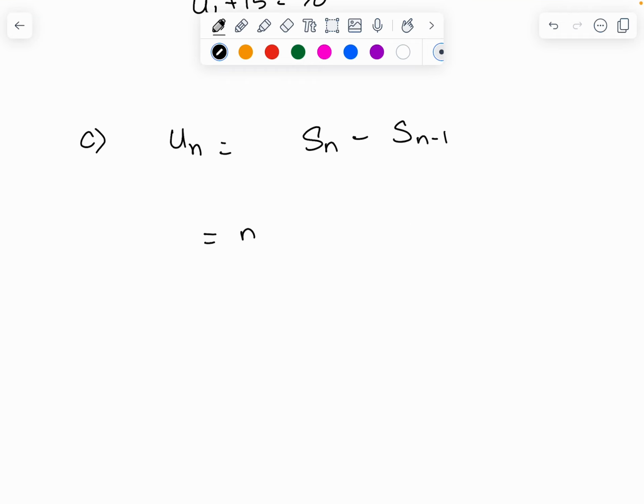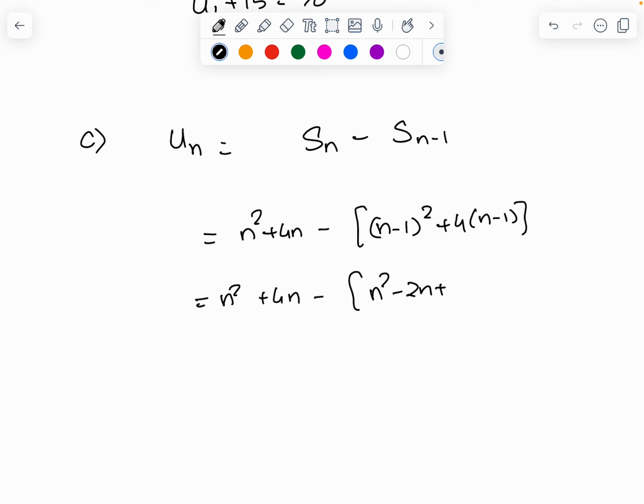The sum to n terms formula was n square plus 4n, minus (n minus 1) whole square plus 4 times (n minus 1). So it becomes n square plus 4n minus of n square minus 2n plus 1 plus 4n minus 4. So it becomes n square plus 4n minus n square plus 2n minus 1 minus 4n plus 4.